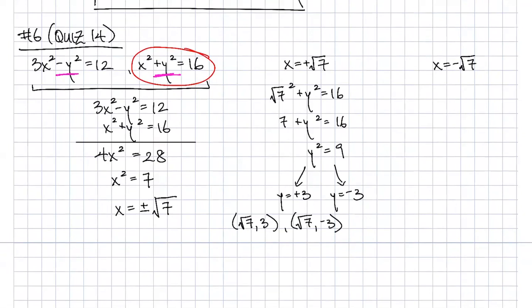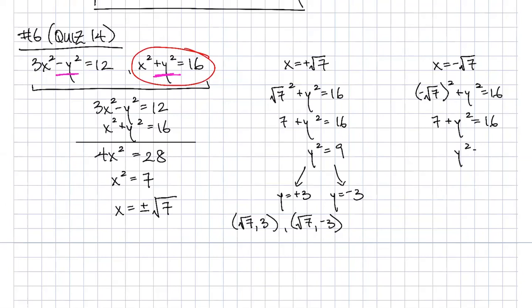And now if I do the same thing for x equals negative square root of 7, I'll get negative square root of 7 squared plus y squared equals 16. And I happen to get the same thing because I'm squaring it. It becomes exactly like my other equation.